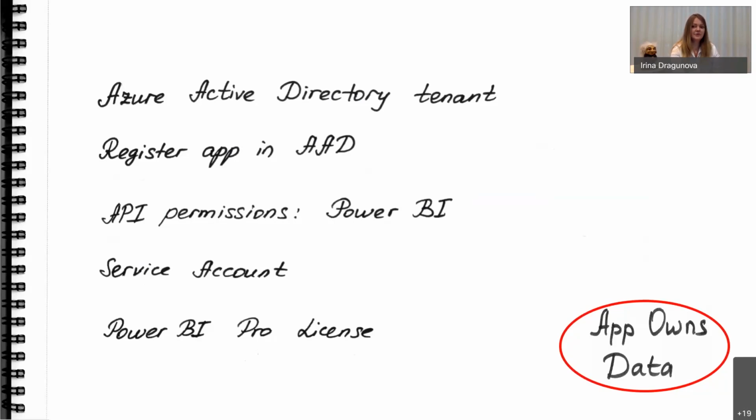This account is basically a standard user account available via Azure Active Directory. Then we need to get Power BI Premium capacity, dedicated resources for our application, which can serve all our reports. We also need to assign a Power BI Pro license to this service account. All our Power BI reports should be placed within one workspace, and this service account must be admin of this workspace.